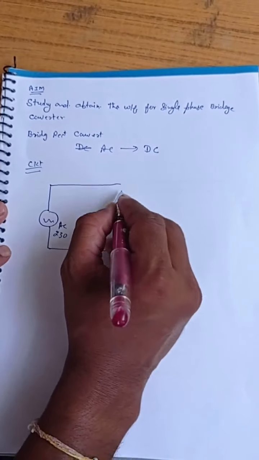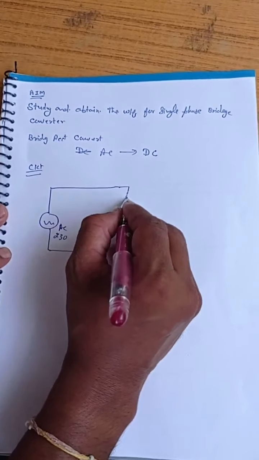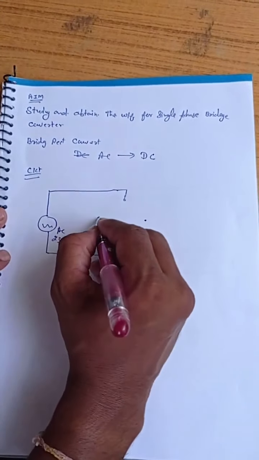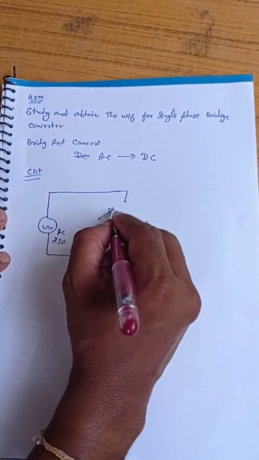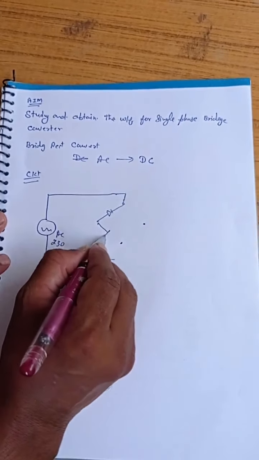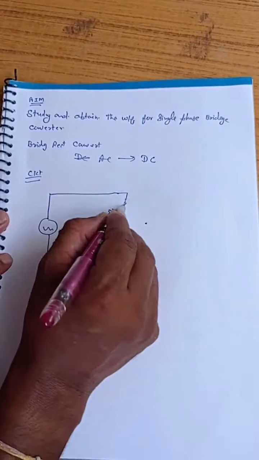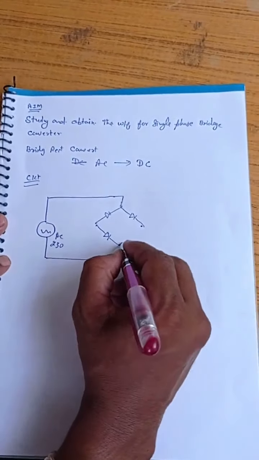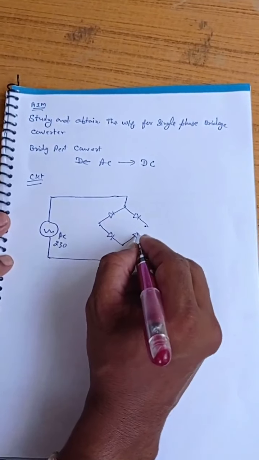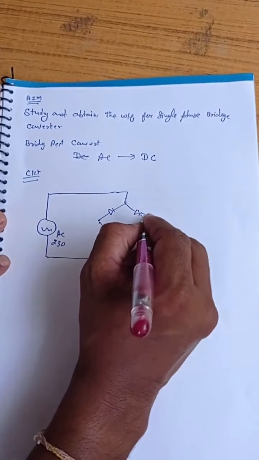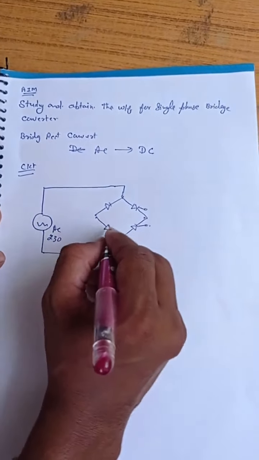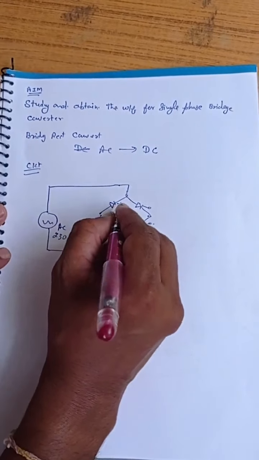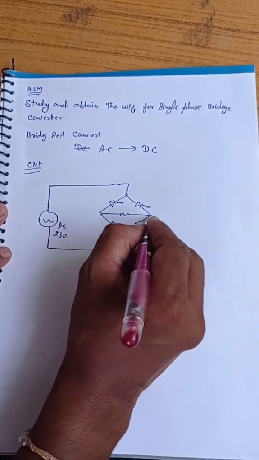So initially we will design the bridge. This is SCR, this is SCR, this is the Thevenin circuit, and this is your load.